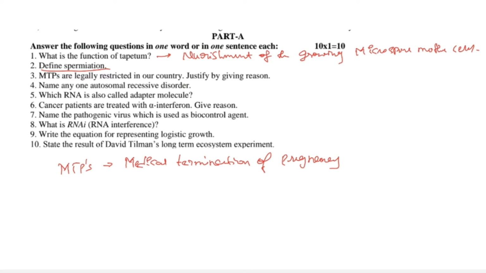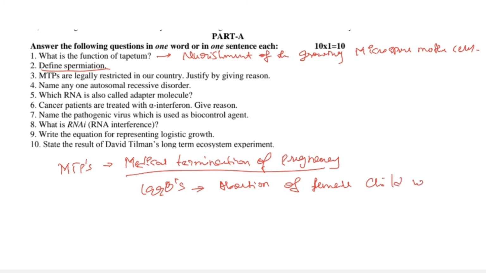Now let's understand why it is restricted in our country. You have to give the answer in one line, but I'll just explain it. In the 1990s, the abortion of the female child increased, which ultimately decreased the number of females per thousand males, right?